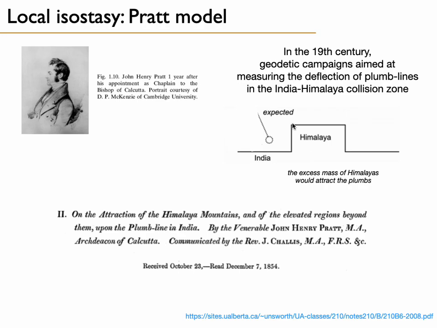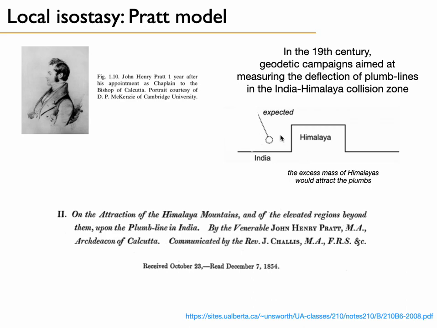And if you have local mass excess, you would impact locally the gravity field. So you would attract objects by the mass excess. So if you would walk with a plumb line, your plumb line should be deflected towards the mass excess represented by the mountain belts. So that's where the model of Pratt comes into play.